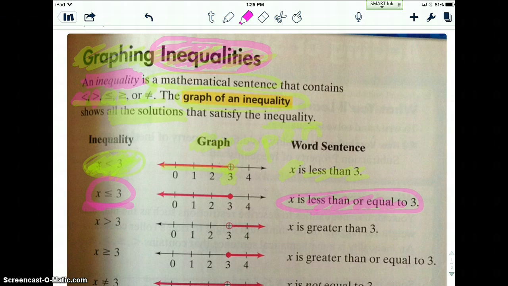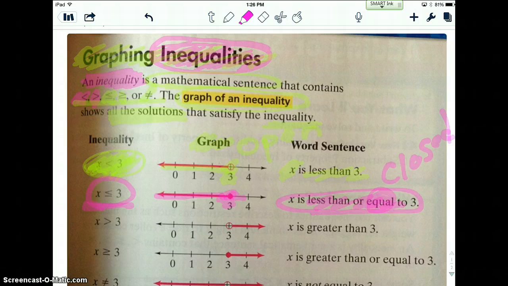So now there's not an open dot at 3, there's a closed dot. And we use a closed dot if it can be equal to that number. So now 3 would satisfy this inequality. And so would 2.99999, and so would negative 0.01111112. Okay? So all these that are less than 3 or equal to it will work.